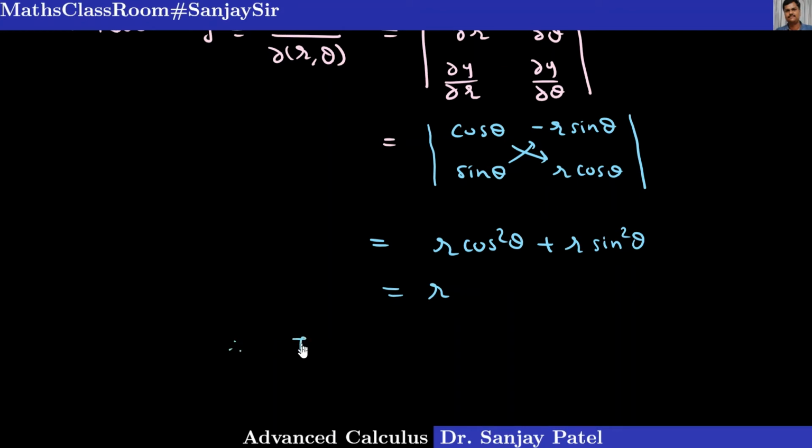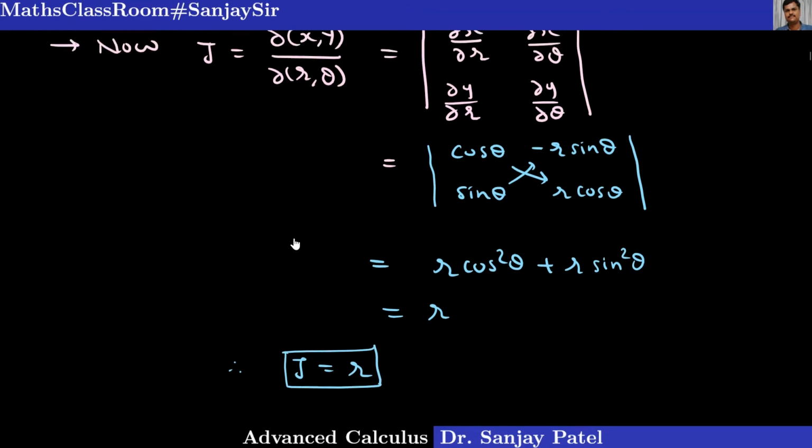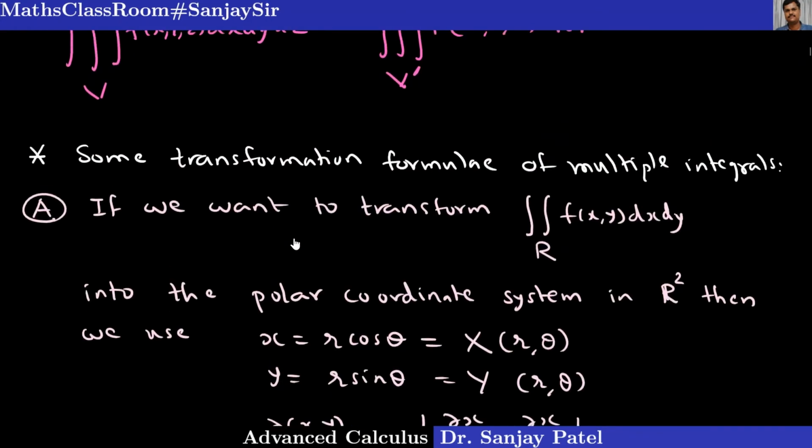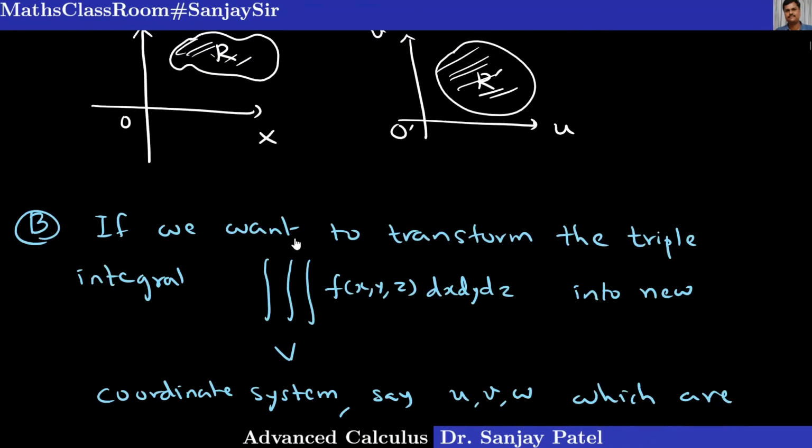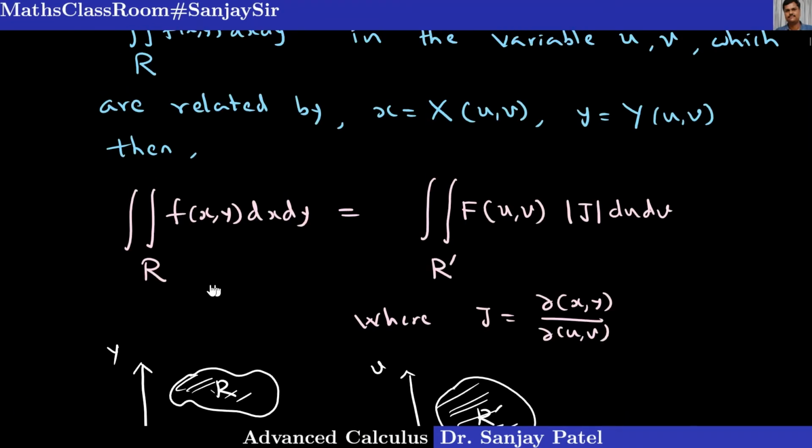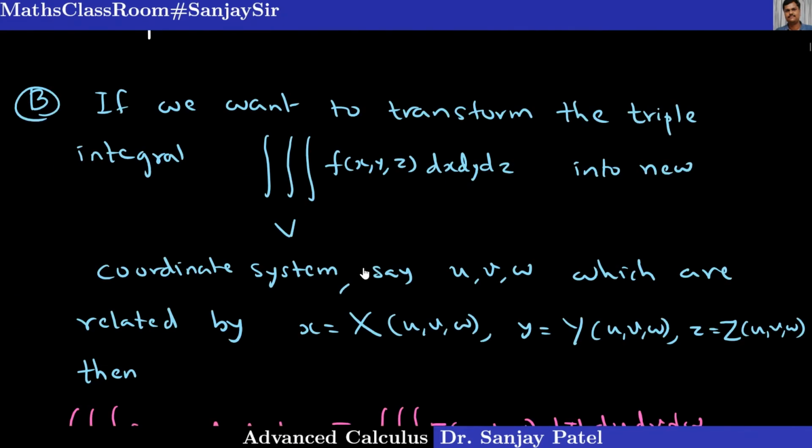So the value of the Jacobian J is r in this case. So by our first formula, let me show you again what that is. For double integral, this is the formula. If you want to transform from x y to u v, here u and v are r and theta. So what you have to write is f of r comma theta and Jacobian J, that is r, and I can write directly.